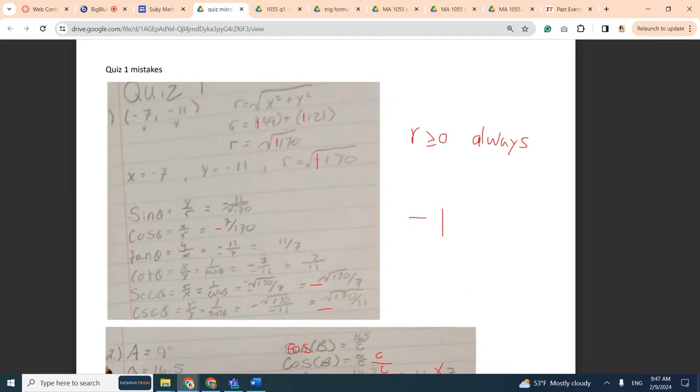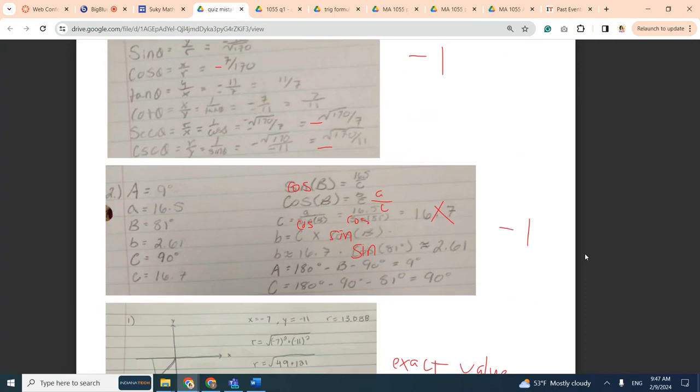Okay, right here. Remember, a square becomes positive, and your r is always greater than or equal to 0. So therefore, it's positive square root of 170. And here the b is the cosine because it's adjacent over hypotenuse.